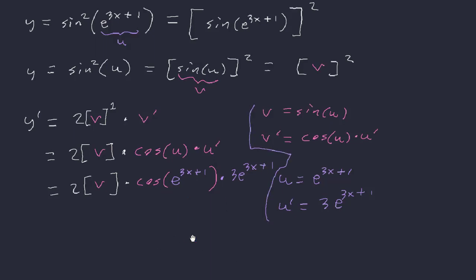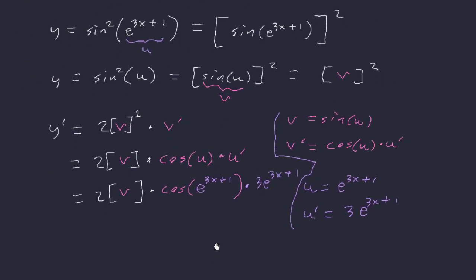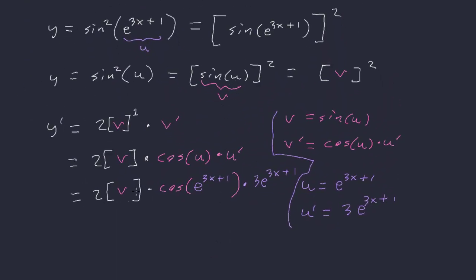Sorry, we're getting a little cluttered there. And now finally, I can replace this v with sine u and u with, in fact, maybe I should have done that already. V is sine u, and u is e to the 3x plus 1.